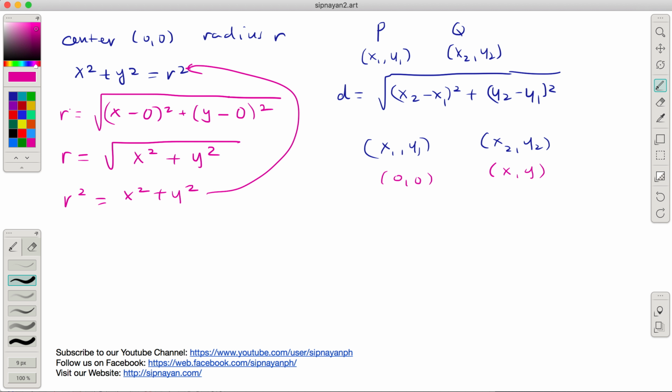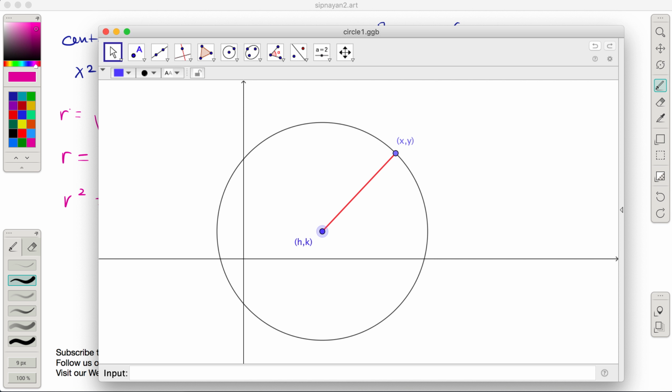Now, suppose we have another circle whose center is not at (0, 0). Here is the (0, 0), and the center is any point, (h, k) for example.